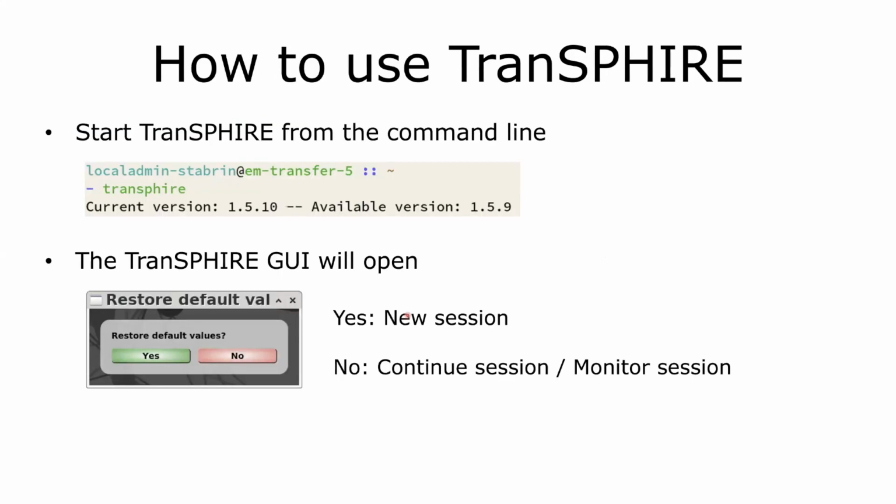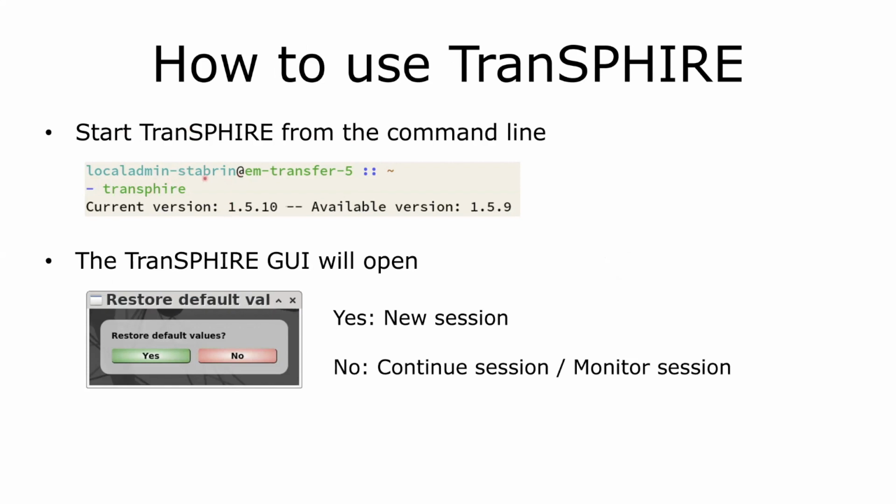So now I told you about what TranSPHIRE is. Now I would like to tell you how to use TranSPHIRE, because it might be very interesting for you to get an idea of how difficult it is. First, TranSPHIRE needs to be run from the command line.